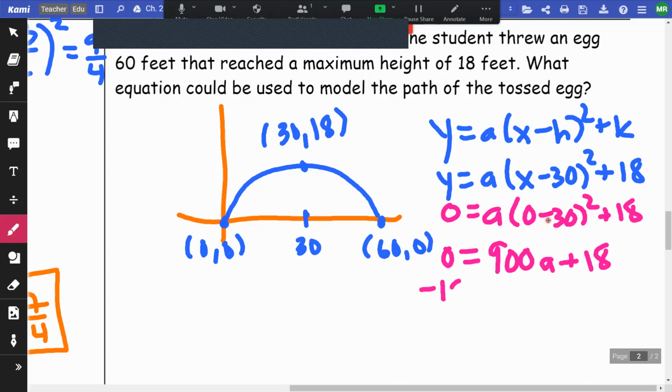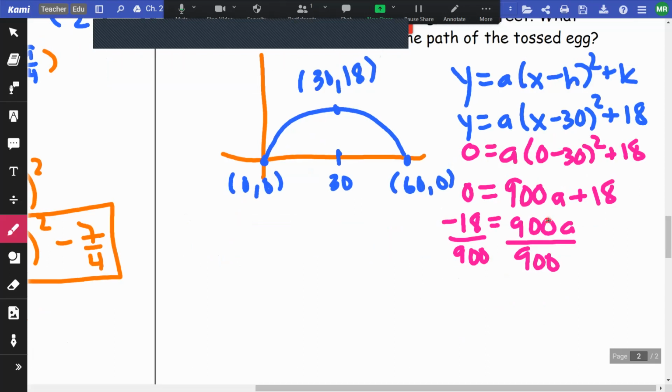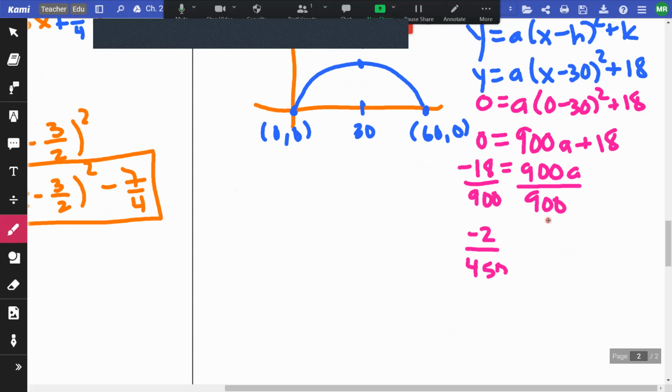I'm going to subtract 18 from both sides and divide by 900. 9 goes into both of them, so that'd be -2 over 450, and 2 goes into both of these, so reduced it would be -1 over 225.